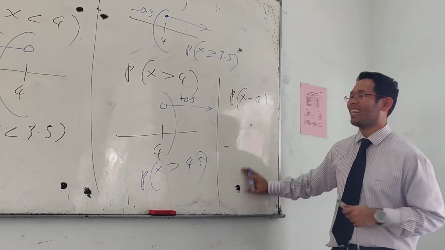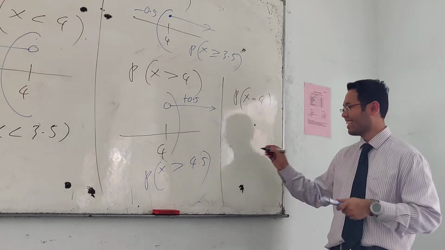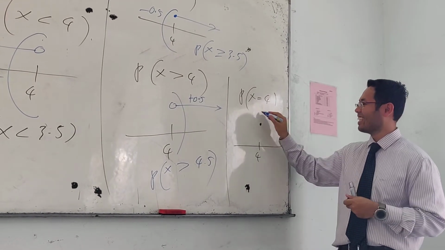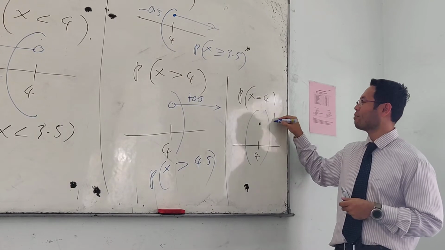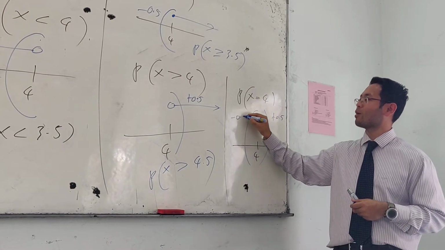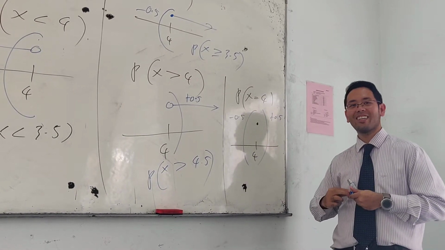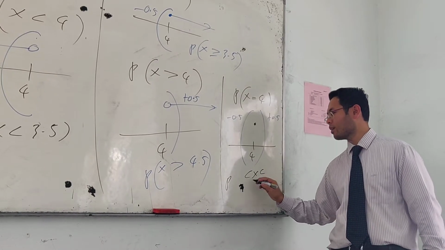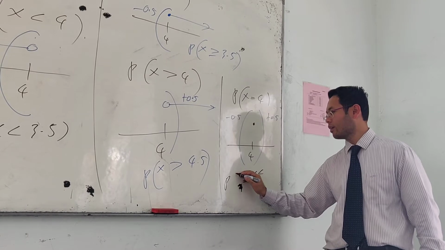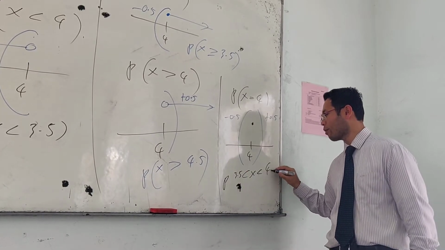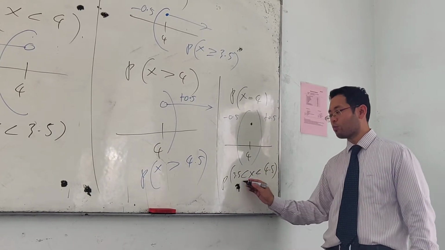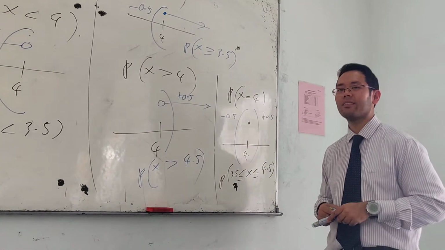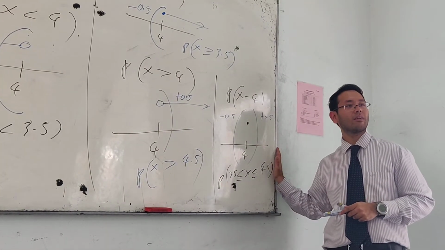Okay, just kidding. You plus 0.5, you minus 0.5. So Px is between 3.5 and 4.5. Should you put equal? Yeah, up to you. I don't mind. You guys okay?